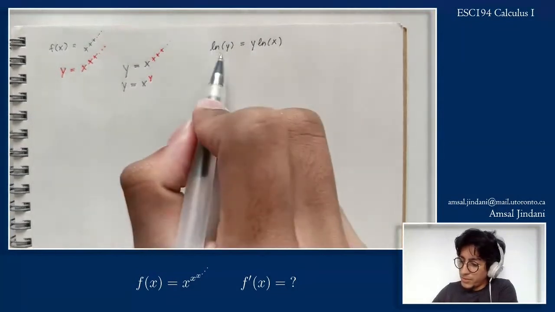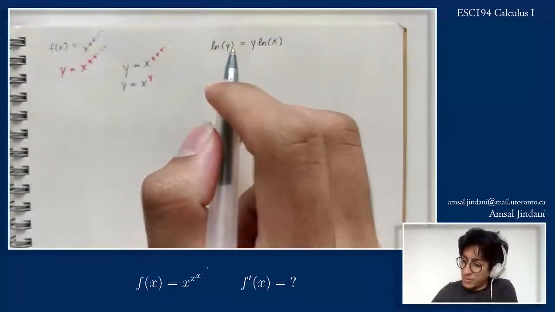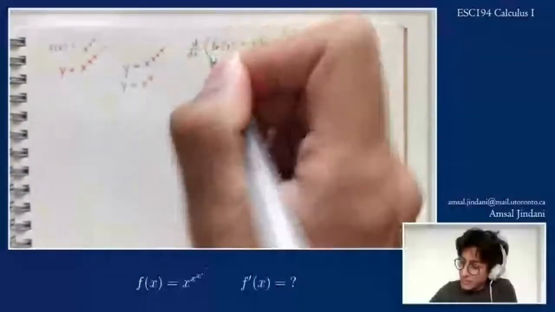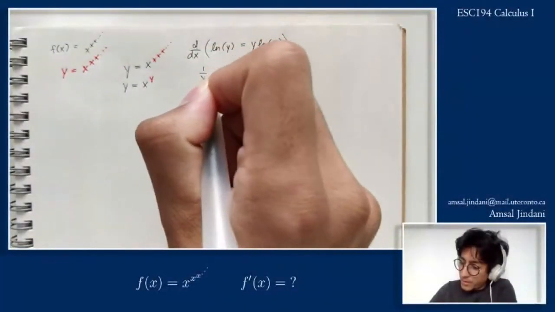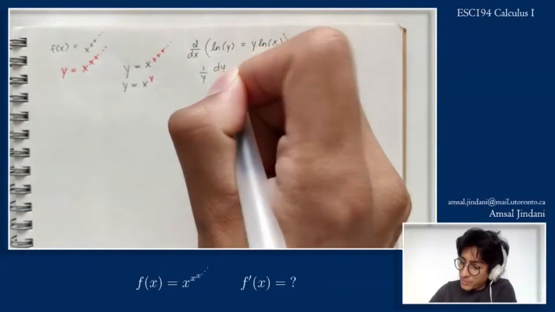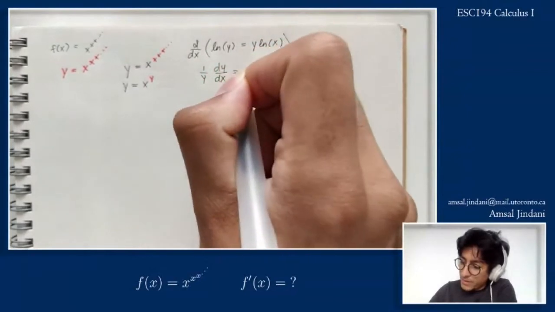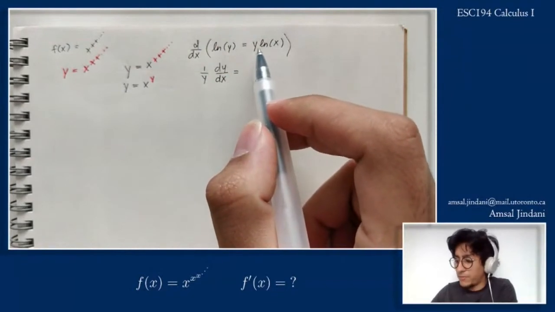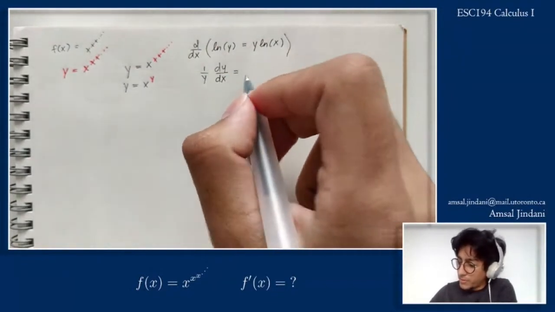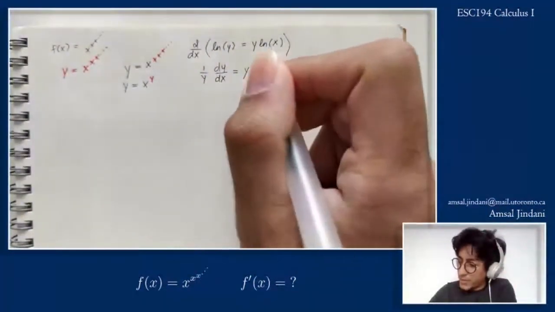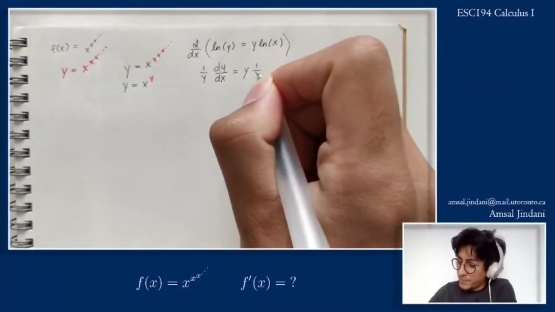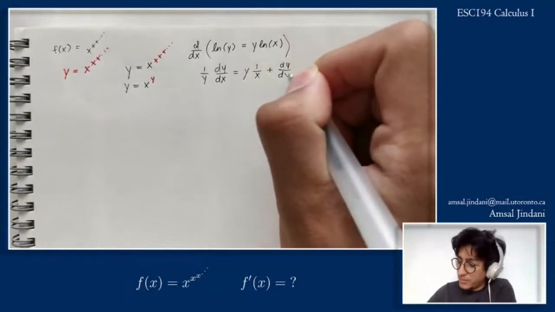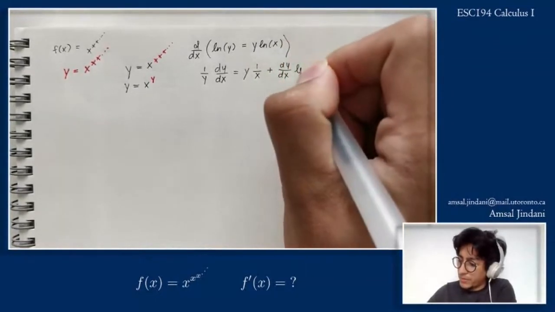When we take the derivative with respect to x of the natural log of y, d by dx, we get 1 over y times dy by dx. And then this is a product, so we have to use product rule on that. So we're going to do y times the derivative of the natural log of x, which is 1 over x, plus the derivative of y, which is dy by dx, multiplied by the natural log of x.